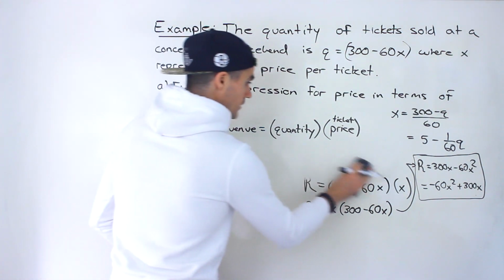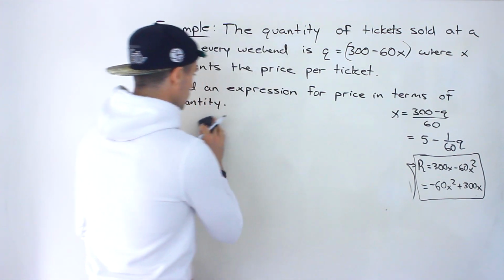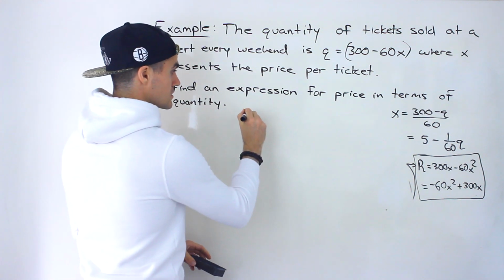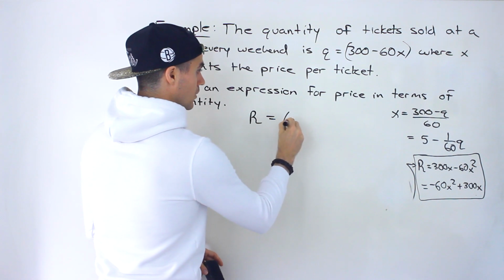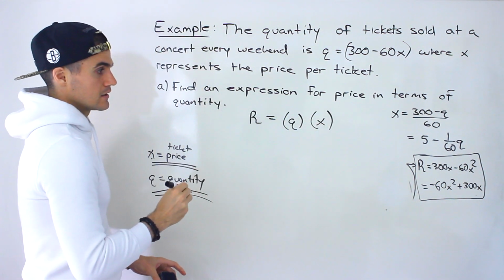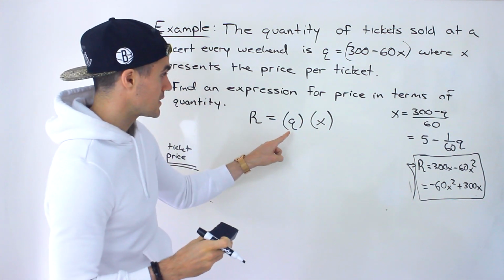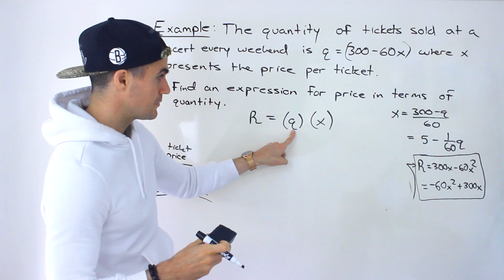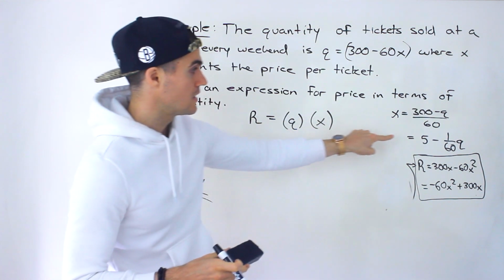But they also want, let's erase all of this, they also want the revenue in terms of the quantity. So let's rewrite that. Quantity times ticket price. They also want it in terms of the quantity, so notice in this particular case, because they want it in terms of quantity, we'll keep the Q there, but we have to sub in for this X. What can we sub in for this X?